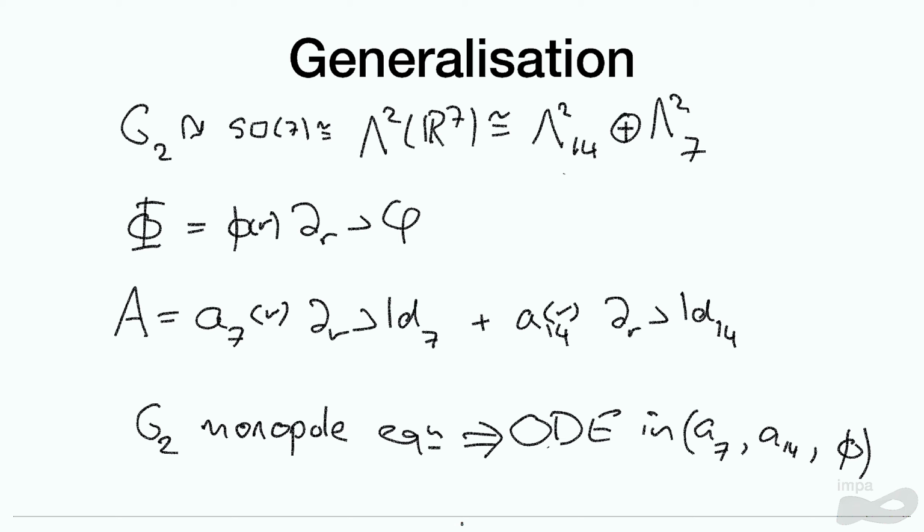Right, but now for the connection, I have to be a bit more careful because G2 splits SO7 into various components. It's a fact that it splits it into a 14-dimensional component, lambda 2 14, isomorphic to the algebra of G2, and then a seven-dimensional component, which is isomorphic to the standard representation of G2 on R7.